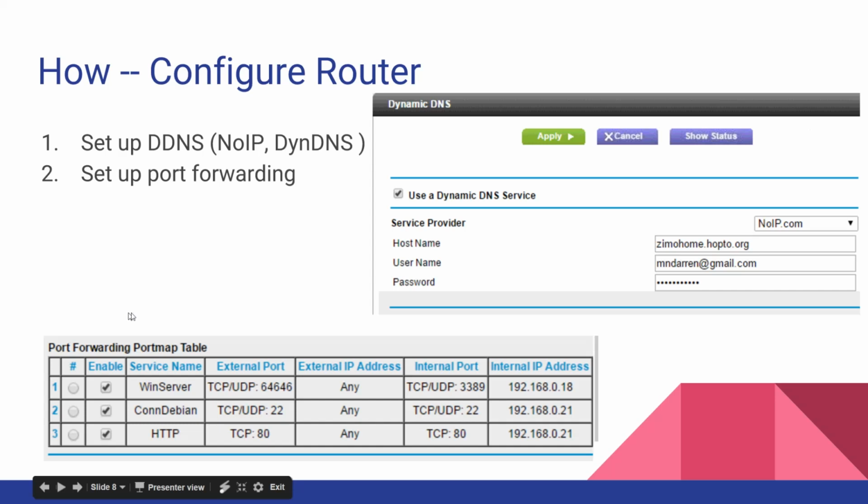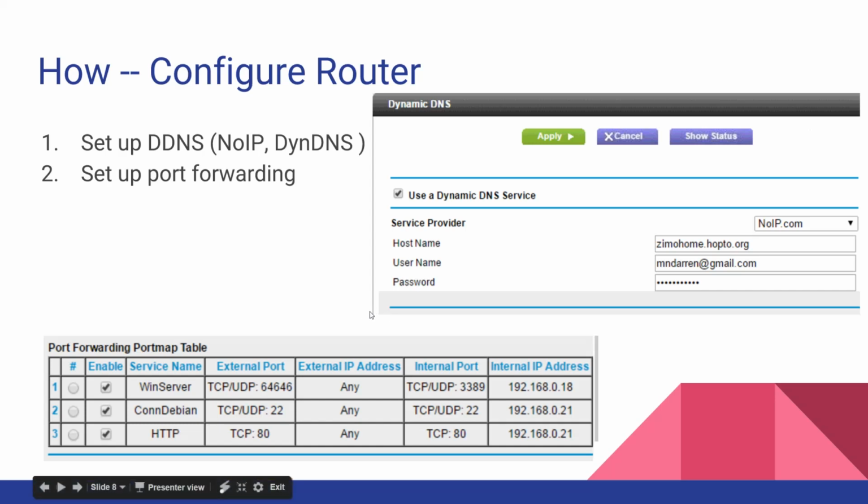For example, the first one, I set up a router side port TCP/UDP 64646. Any outside IP can access the home network through this port to the internal port. Internal port means the virtual machine port.